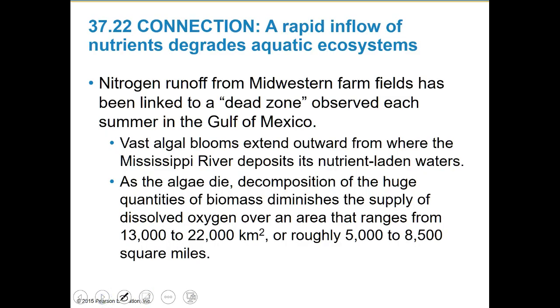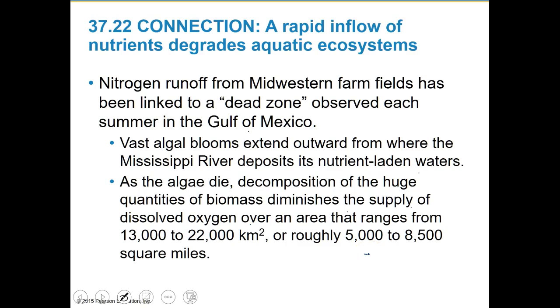Nitrogen runoff from Midwestern farm fields has been linked to a dead zone observed each summer in the Gulf of Mexico. Vast algal blooms extend outward from where the Mississippi River deposits nutrient-laden waters. As the algae die, decomposition of huge quantities of biomass diminishes the supply of dissolved oxygen over an area of about 13,000 to 22,000 square kilometers, roughly 5,000 to 8,500 square miles.